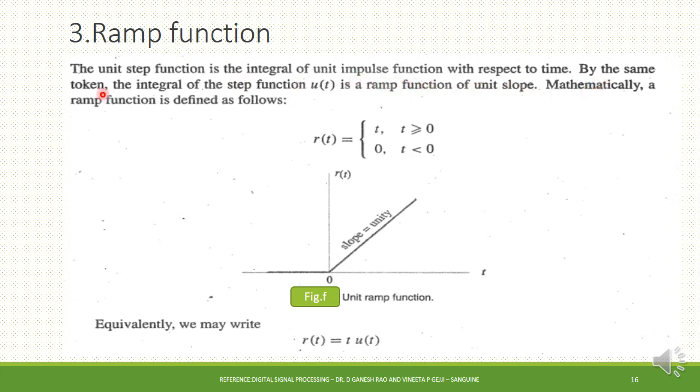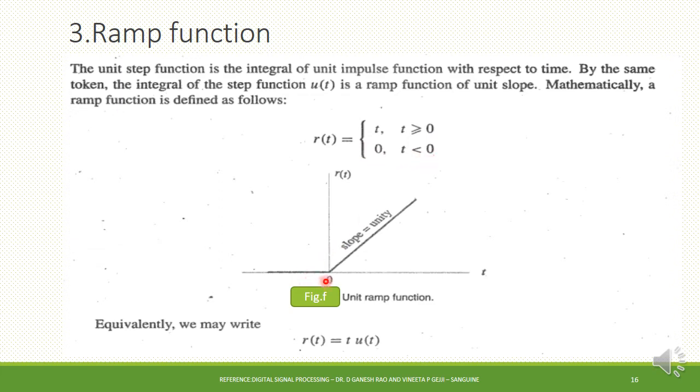By the same token, the integral of the step function, u of t, is a ramp function of unit slope. Mathematically, a ramp function is defined as equal to t when t is greater than or equal to 0, and its value is equal to 0 when t is less than 0.